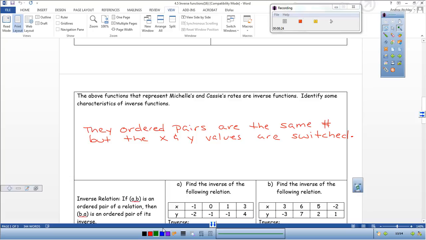Okay, anyone else notice something about it? Yep. The axes are switched.